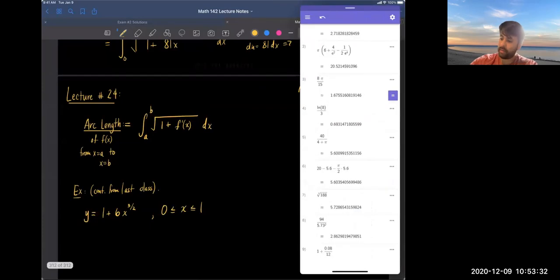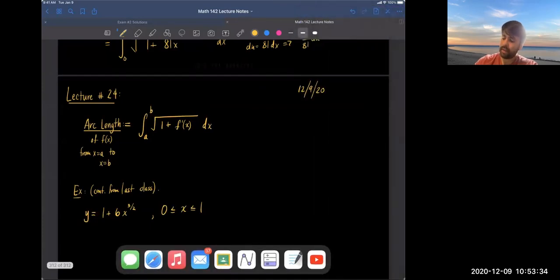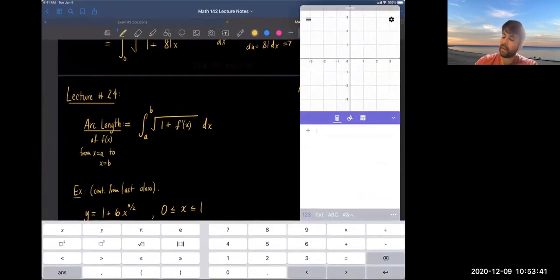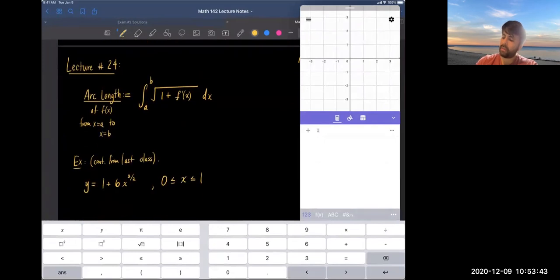And let me just give you a visualization of this curve. So we have 1 plus 6 raised to the 3 halves. Sorry, this should be x.